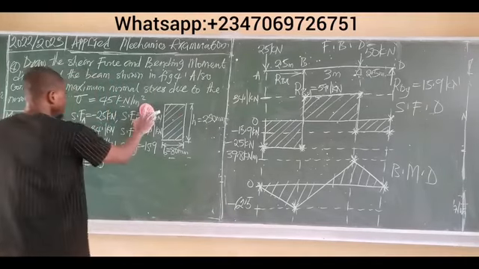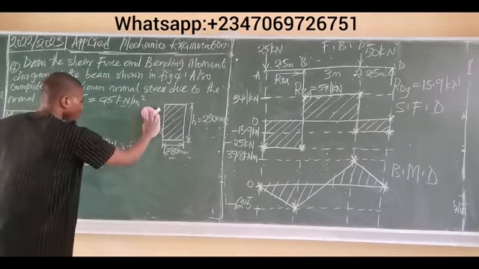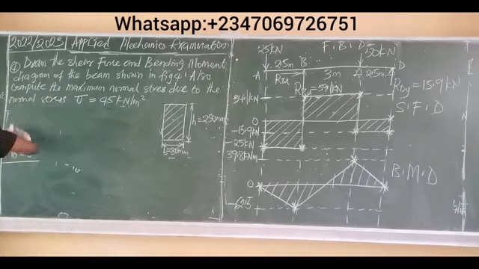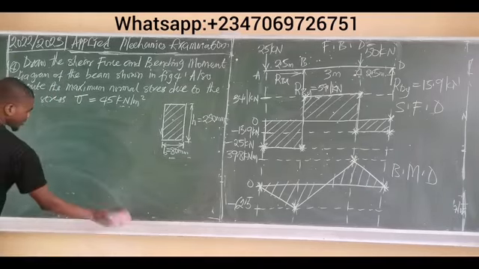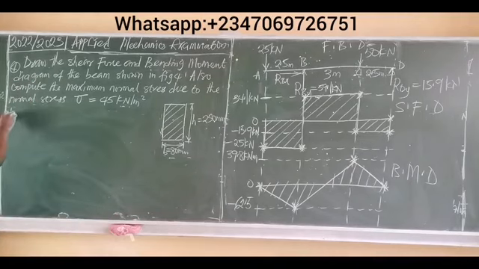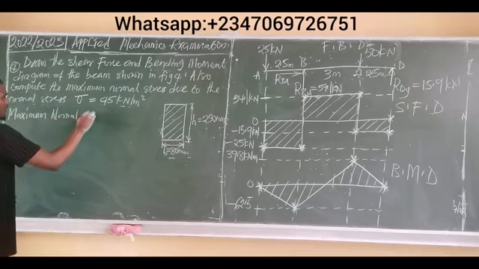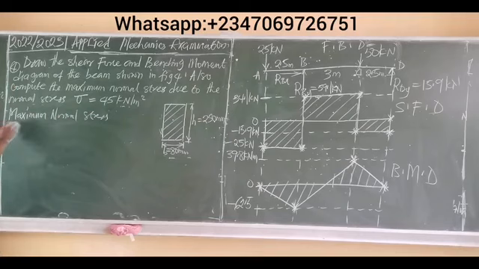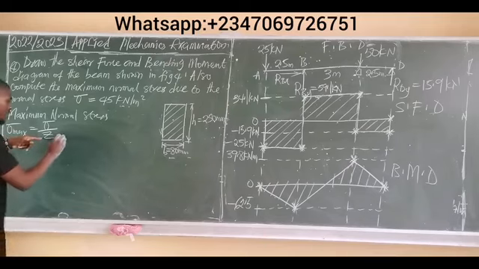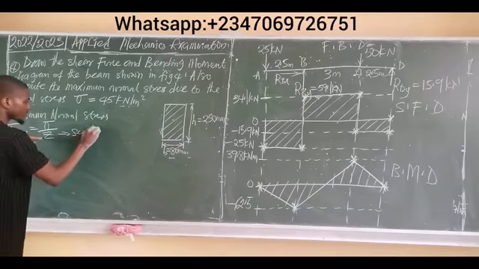To find the maximum normal stress, we simply use the equation: sigma max is simply equal to the normal stress all over the section modulus, where Z itself is called the section modulus.